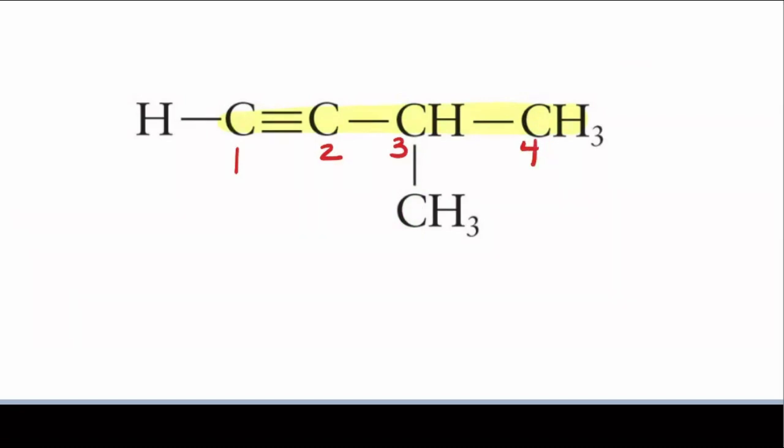The name for the root and the ending is going to be but-, and the -yne ending because it is an alkyne. The location of the first carbon in that triple bond is a 1. So 1-butyne is representing that parent chain.